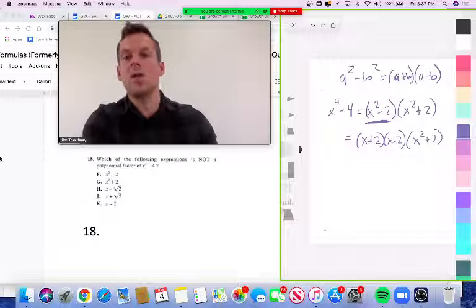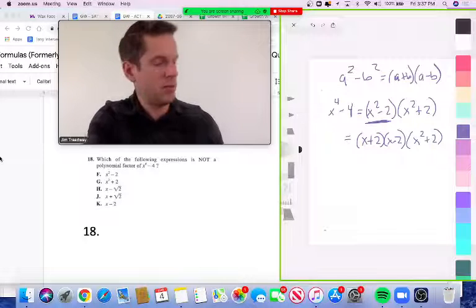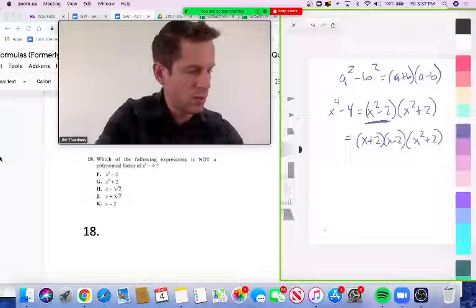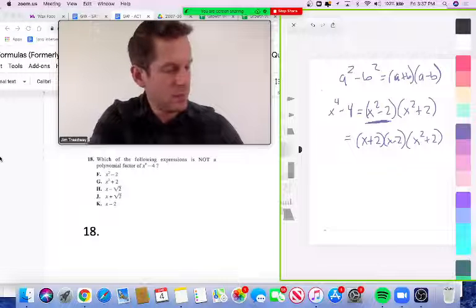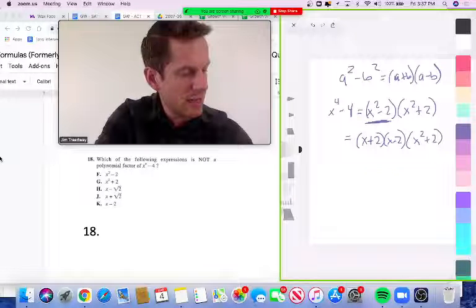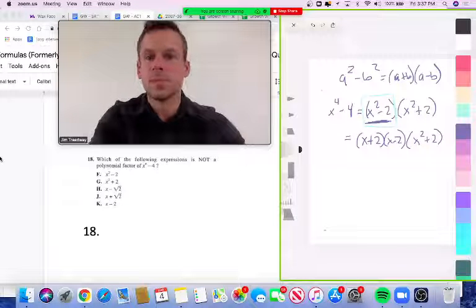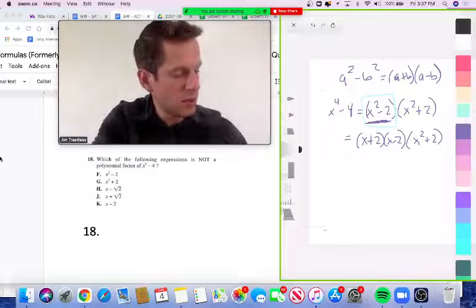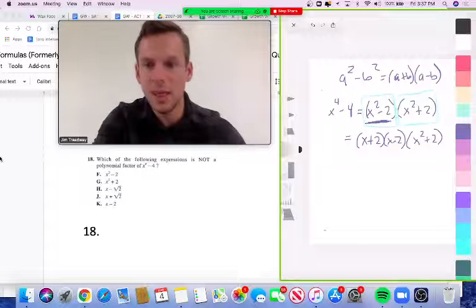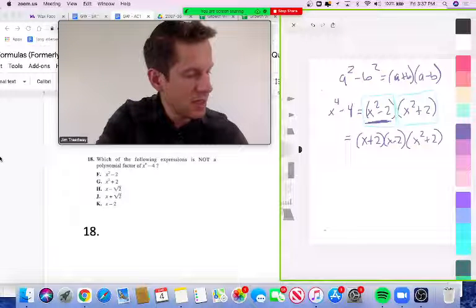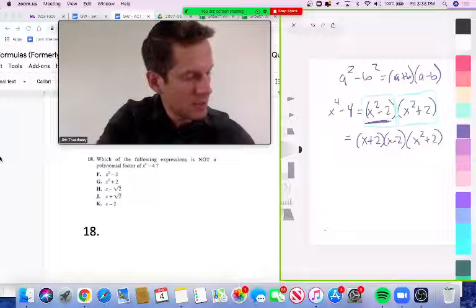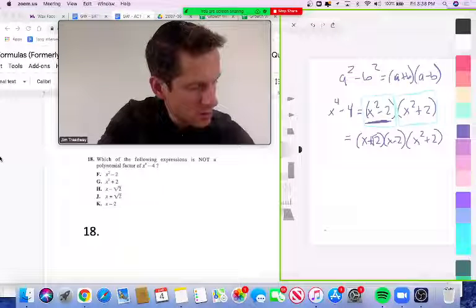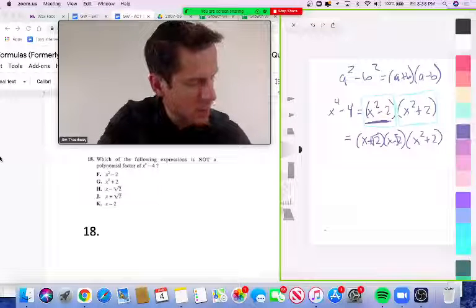So now, when they ask which of the following is not a polynomial factor of x to the fourth minus 4, well, x squared minus 2 is a factor. x squared plus 2 is also a factor, so it's not going to be F or G. Oh whoops, I made a mistake. This was x plus the square root of 2, and this was x minus the square root of 2.